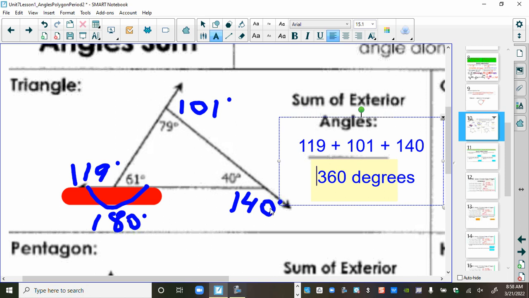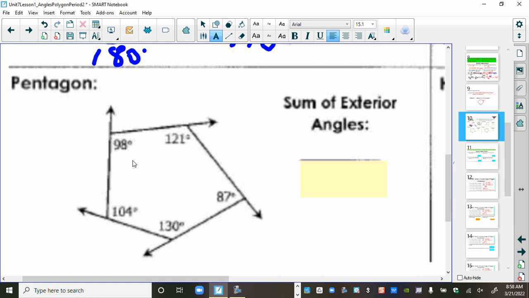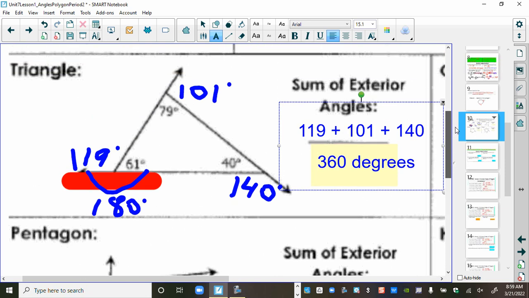The two angles that form a linear angle, the supplementary angles, they have to add up to 180. Basically, you're going to see that for the other three. So, questions on this first one?